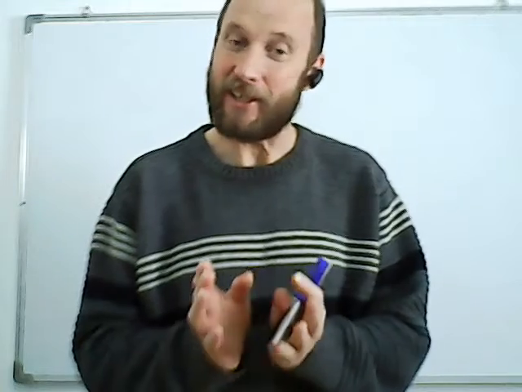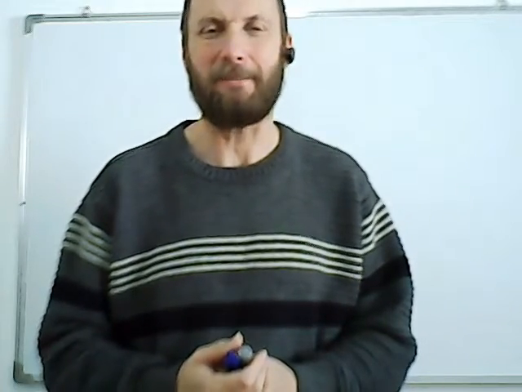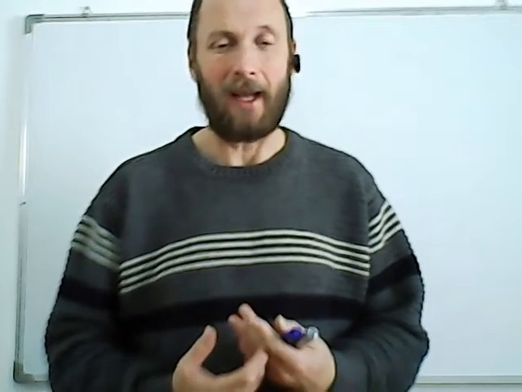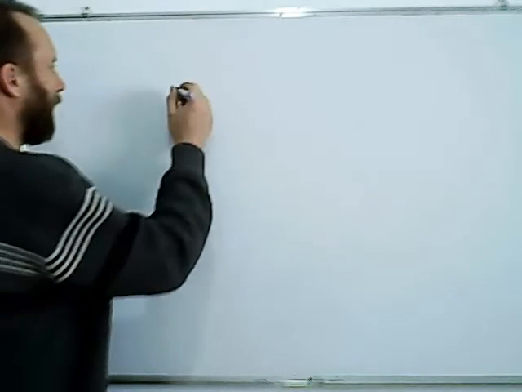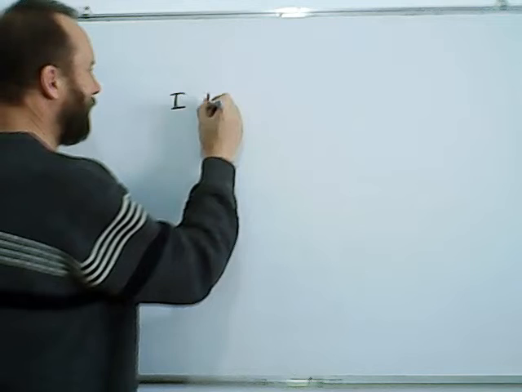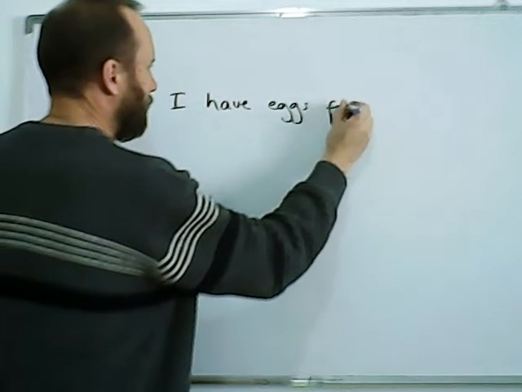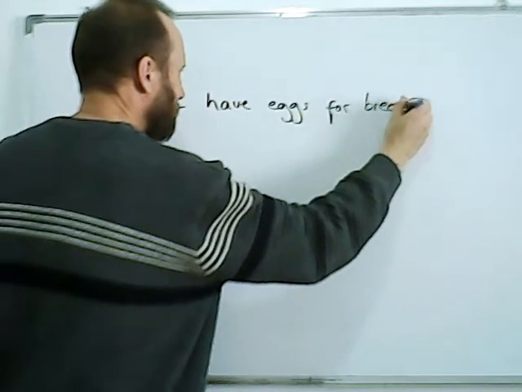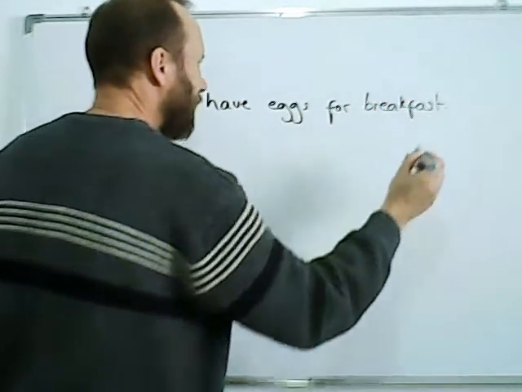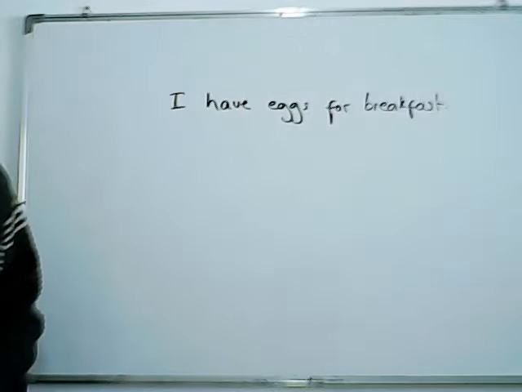Today I want to finish off this little section on present simple, and I want to finish with something that we use a lot with present simple, which is adverbs of frequency. They tell us how often something happens. So I can say, for example, I have eggs for breakfast, but that doesn't give me lots of information, yeah?